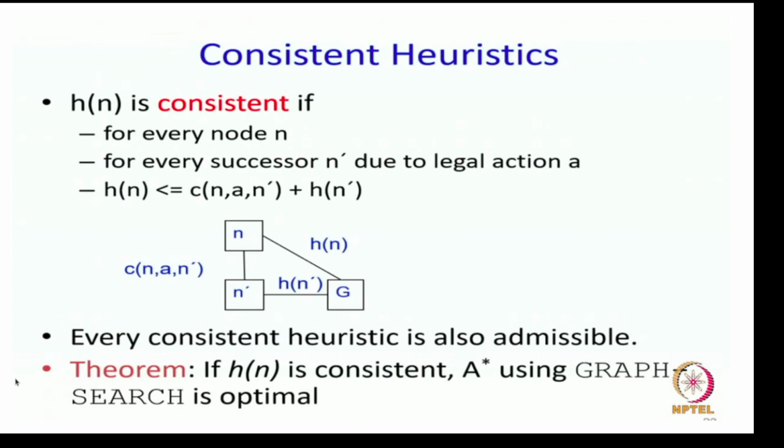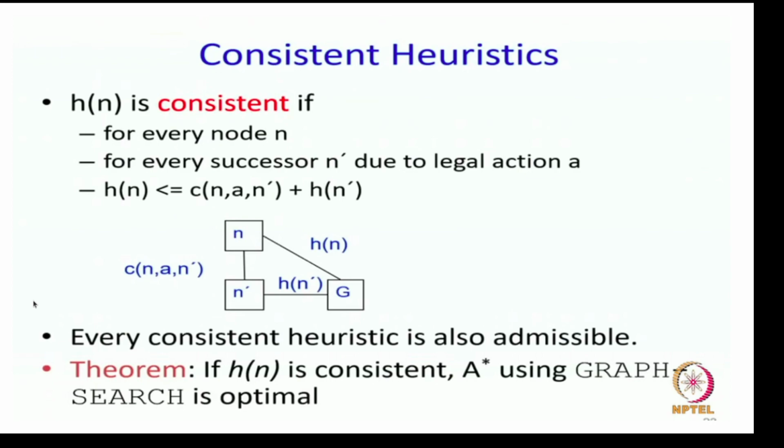Okay, fine. If I reach n dash, I'll see for that n dash what the evaluation function is, and not evaluation function, I should call it the heuristic, for that node to the goal node, and that value is associated with h of n dash.